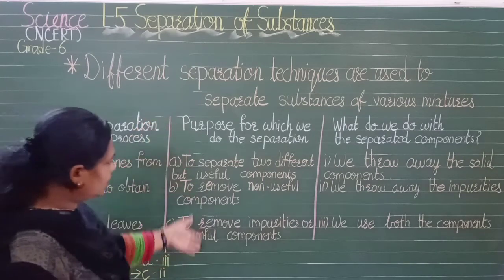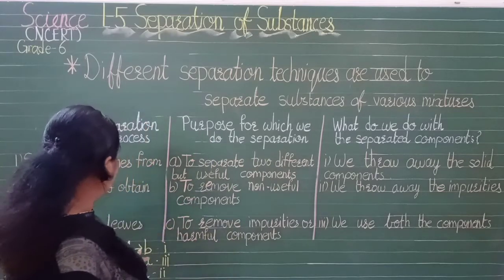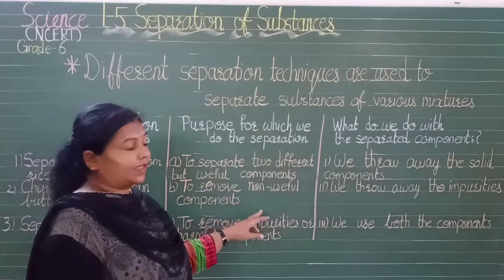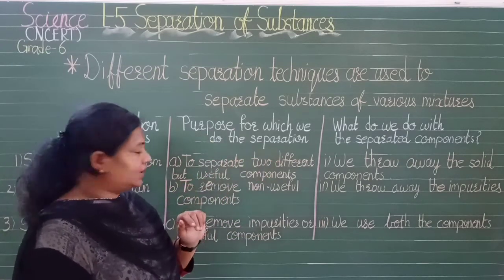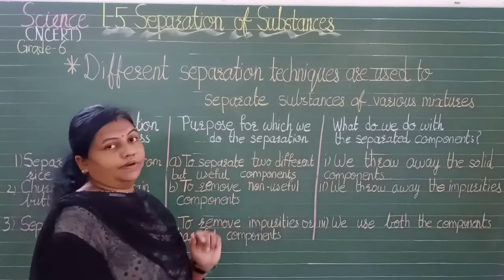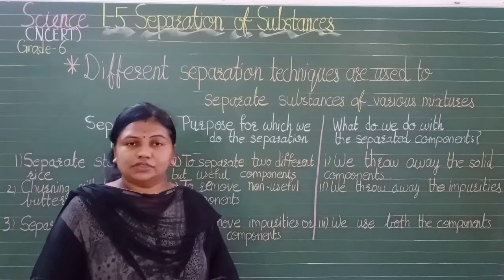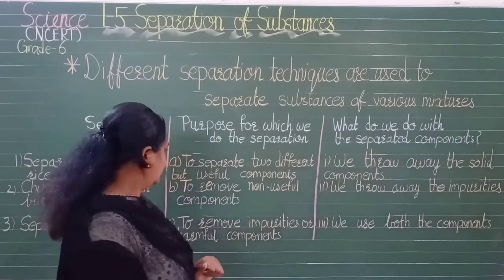Now from the second column we have to find the correct answer, and our correct answer is B. What is the purpose of separation? Yes, it is to remove non-useful components. You know that stone is non-useful, so it is required to be removed.